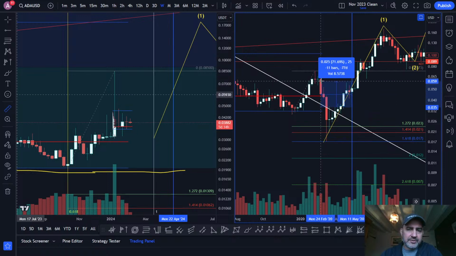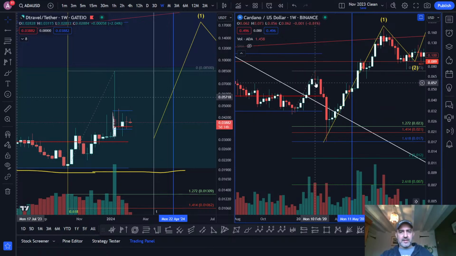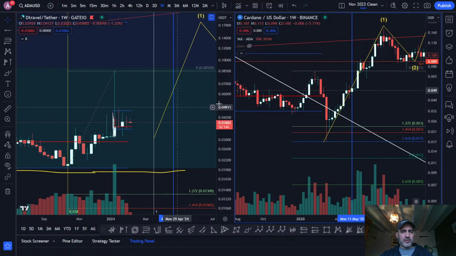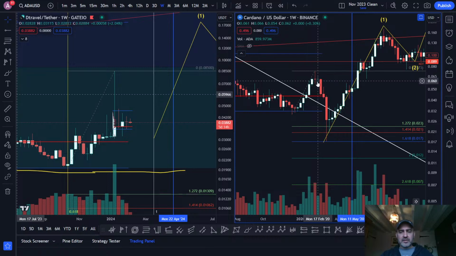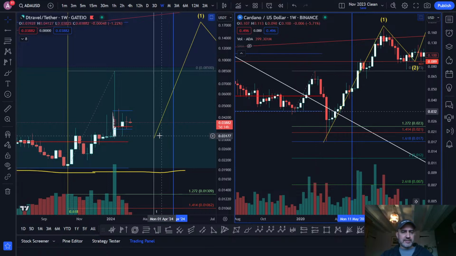So we basically potentially have 3 weeks of red according to the ADA fractal. This dragonfly doji corresponds with this green dragonfly doji in the ADA highs.